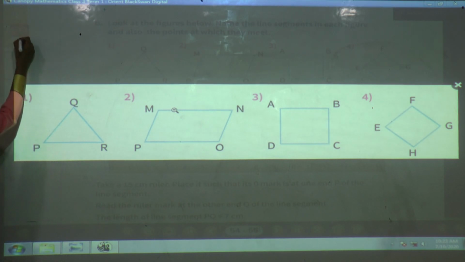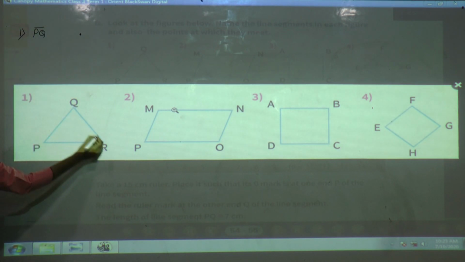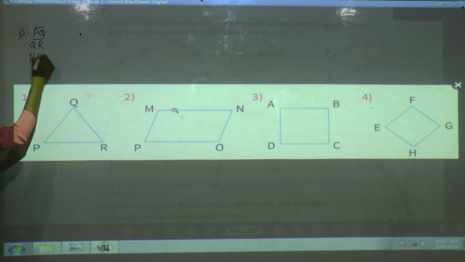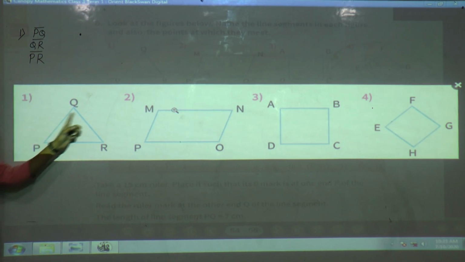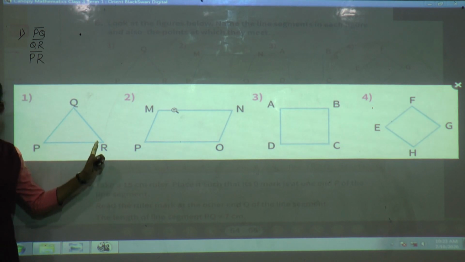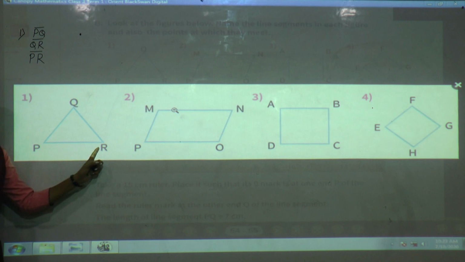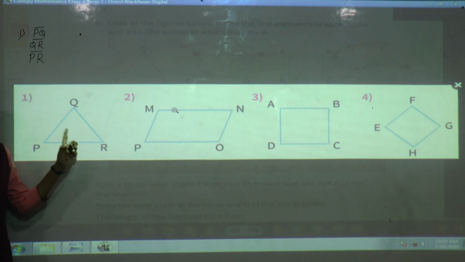The first is line segment PQ. Then line segment QR, and the third is line segment PR. So in the triangle there are 3 line segments PQ, QR and PR.